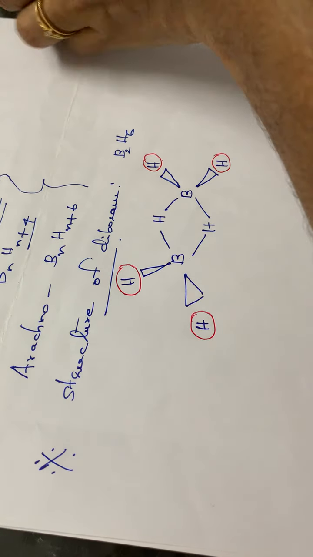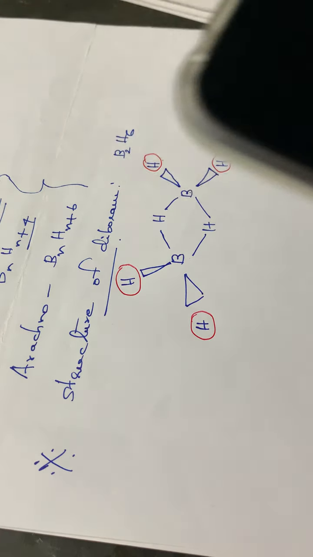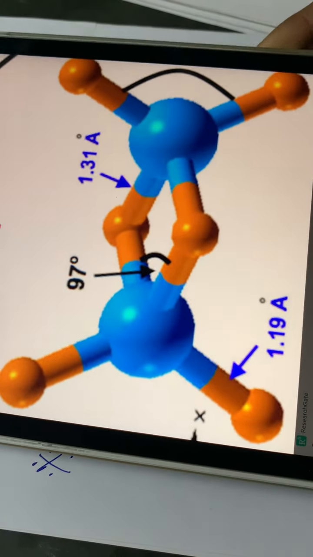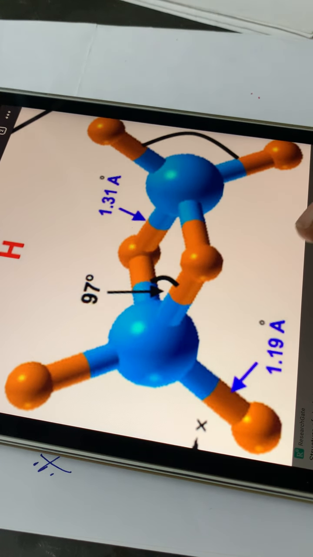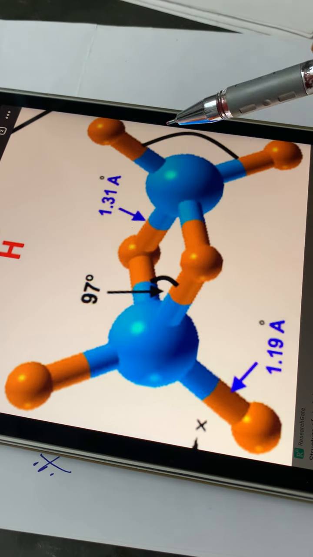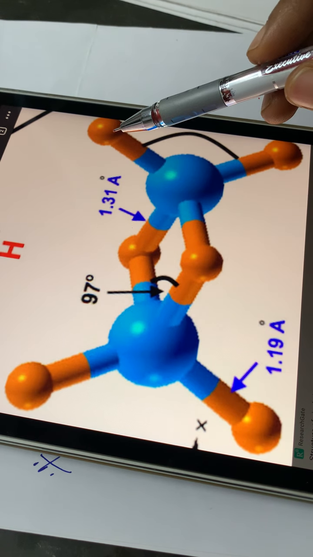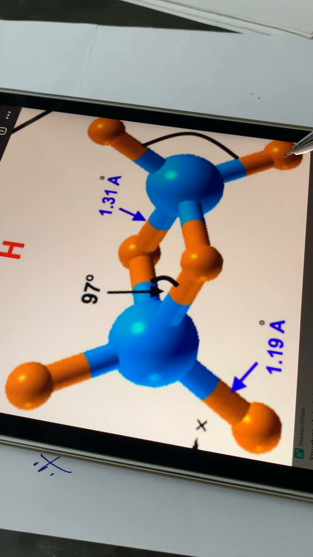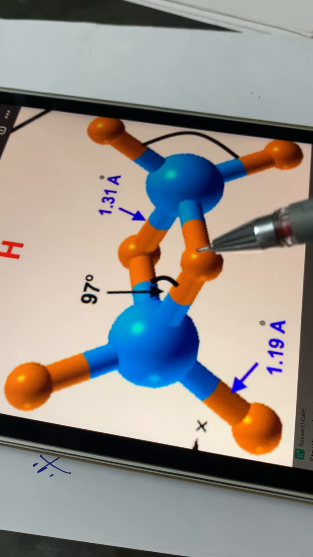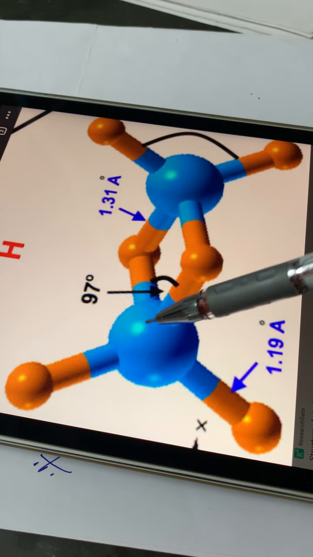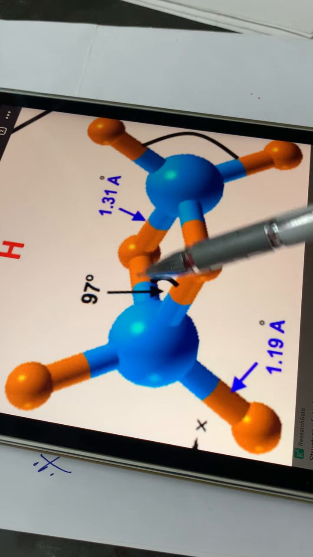Okay, so let us see the 3-dimensional structure. I searched in Google and got this structure. See, this is the structure of B2H6. These two blue are the boron atoms, and these 2 are the hydrogen atoms which are bridged across the 2 boron atoms. And here the hydrogens, 1, 2, 3 and 4, the 4 hydrogen atoms are lying perpendicular to this BHB bond.